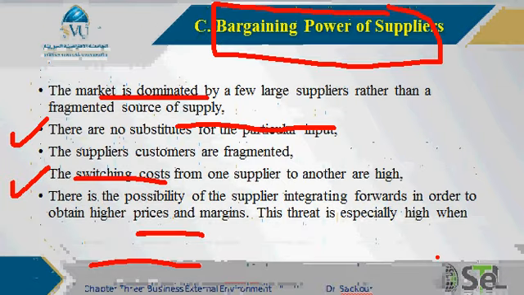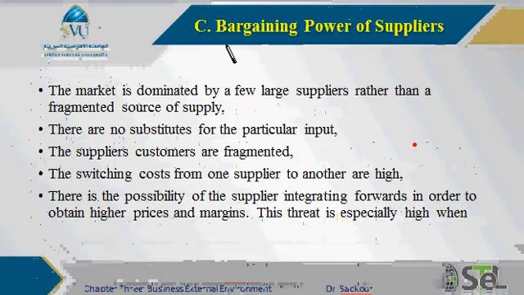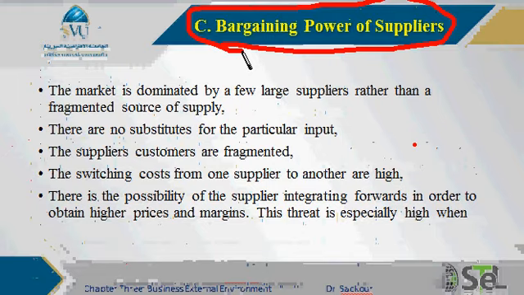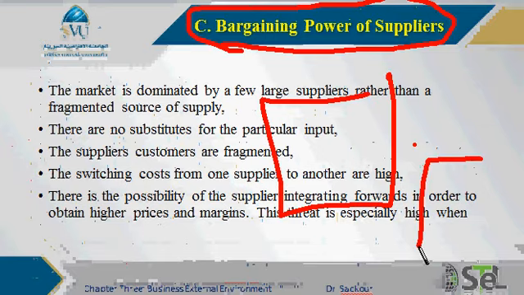Then number 3, power number 3, bargaining power of suppliers. So this is your business. These are your competitors here.